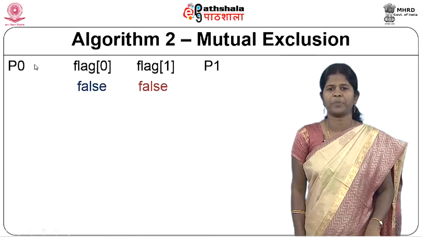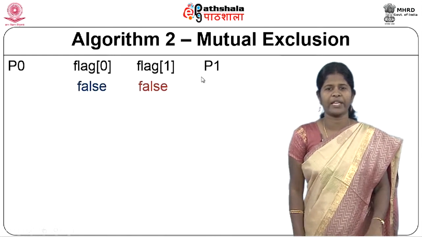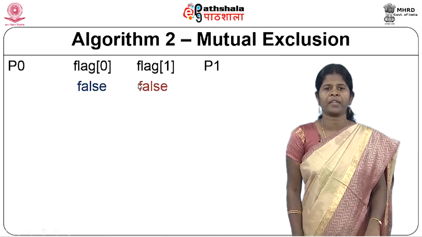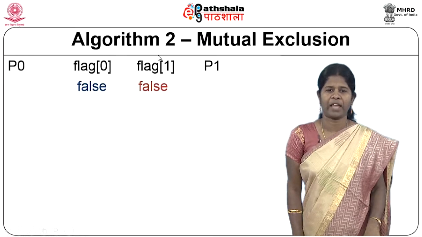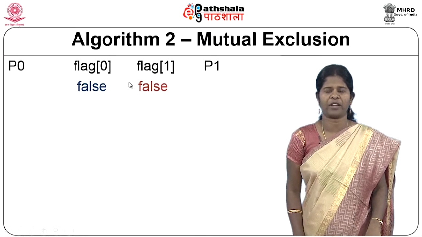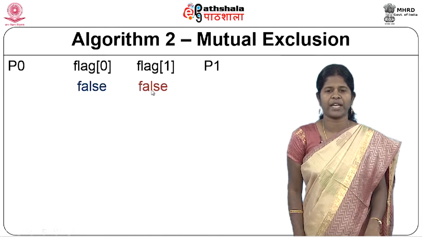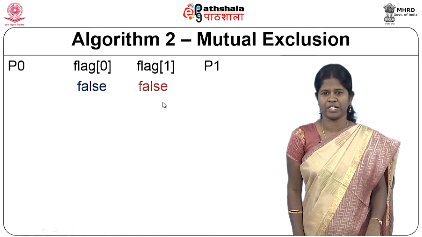You have processes P0 and P1 who are trying to execute this algorithm, and each process has its own variable called flag, flag of 0 and flag of 1, and both are initialized to false. This is the initial condition.